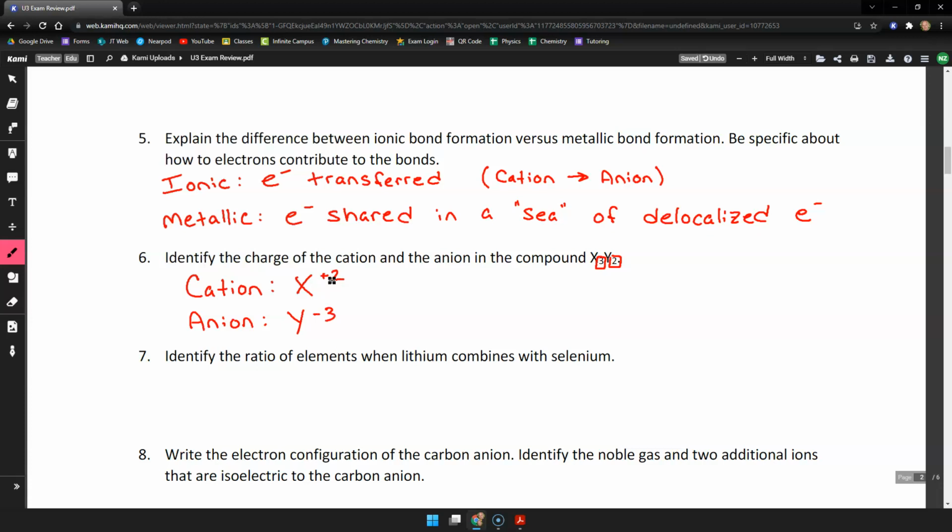And here's how I know that. So we have 3 of the cations. Okay, so +2 times 3 gives us +6. The anion, we have 2 of them, so -3 times 2 equals -6. Okay, and then when we add those up, we end up with 0. You can try any other number combination, but that's going to work.